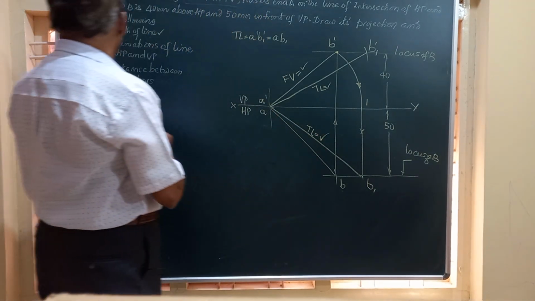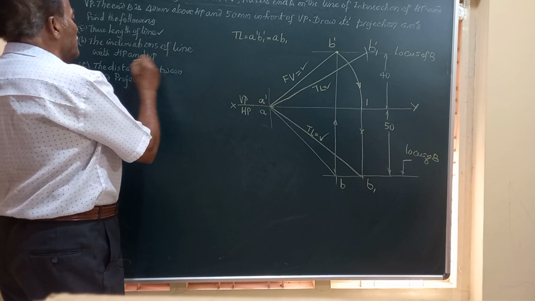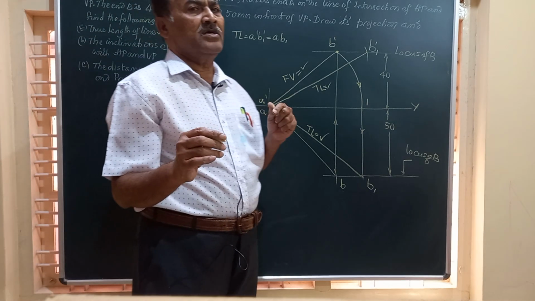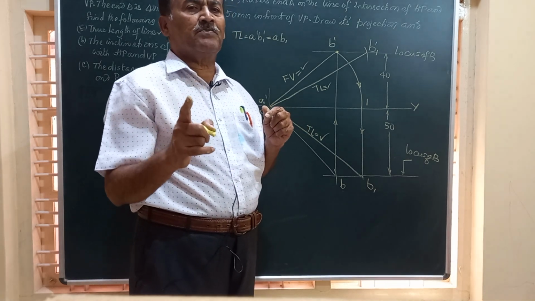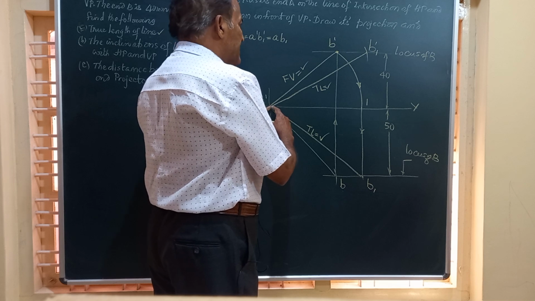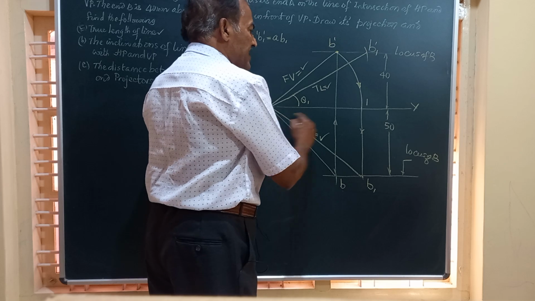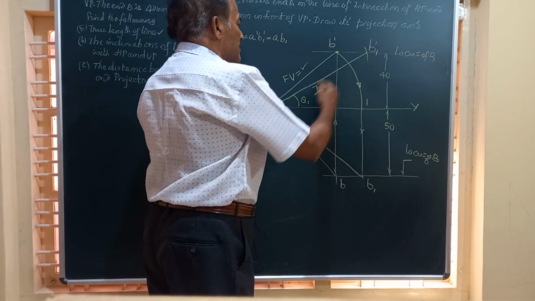Next comes, friends, we have to find out the inclination of the line with HP and VP. The inclination of the line with HP is designated by theta, that is the angle between the XY line and this line.